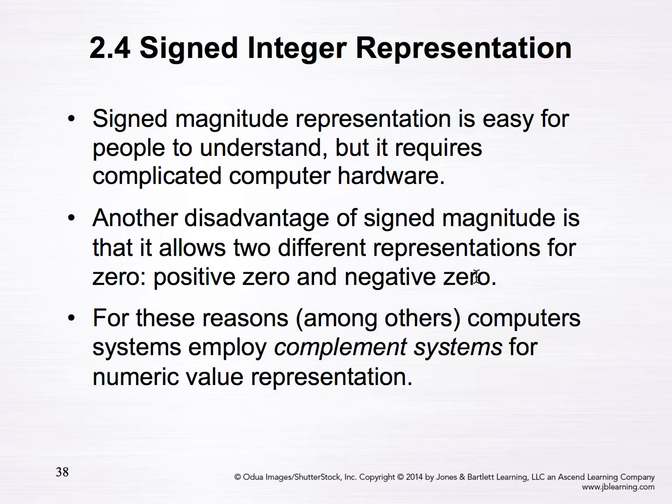For this reason and many other reasons, computer systems employ a different way to represent numbers that we call the complement system for numeric value representation. In the next video we're going to show how numbers are represented using the complement system.